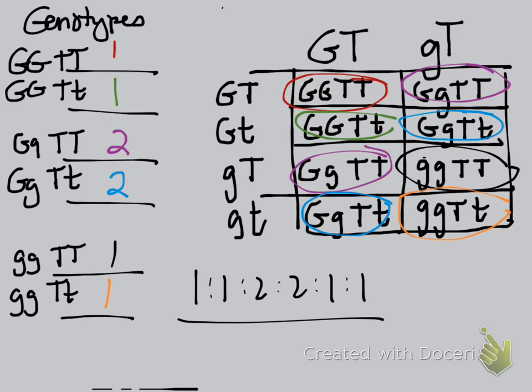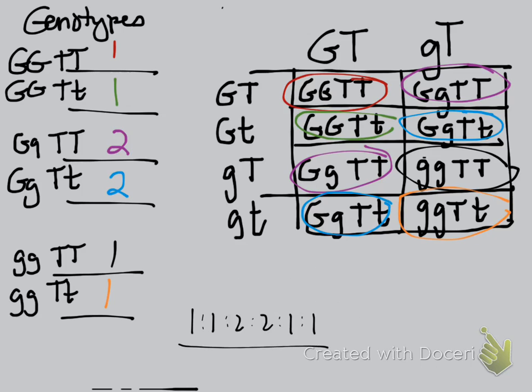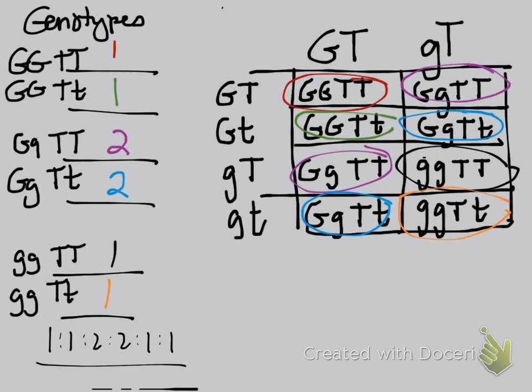Now let's figure out our phenotypic ratio using this same information. Okay, so we're going to have 4 possible phenotypes. We've got, let's see, high oil with a long tail.